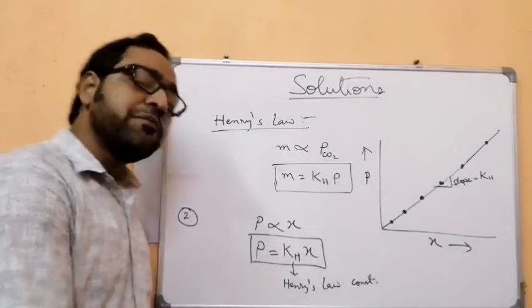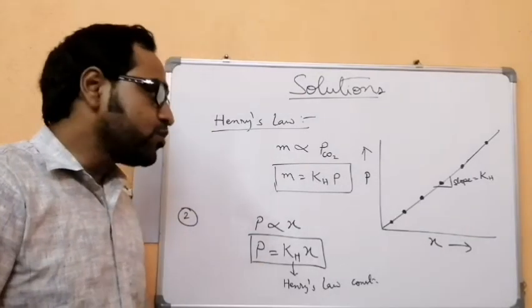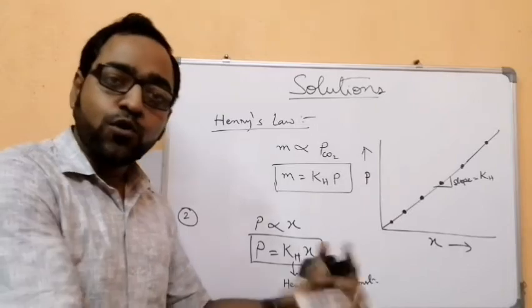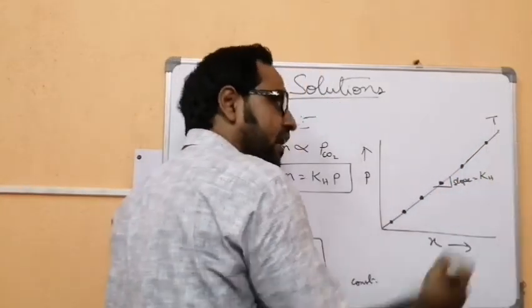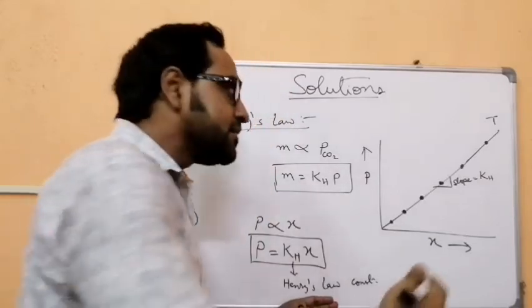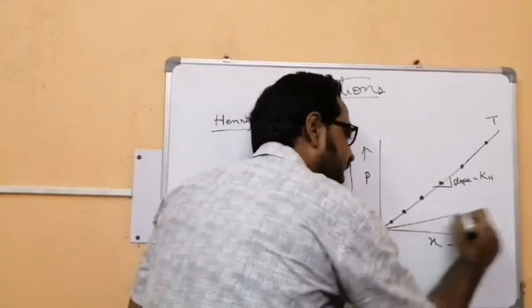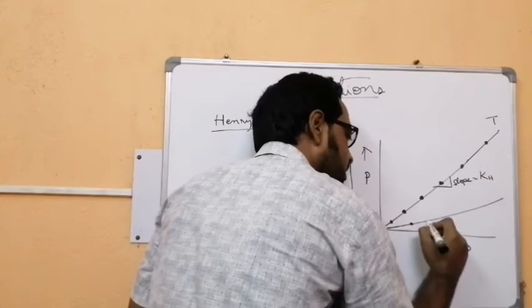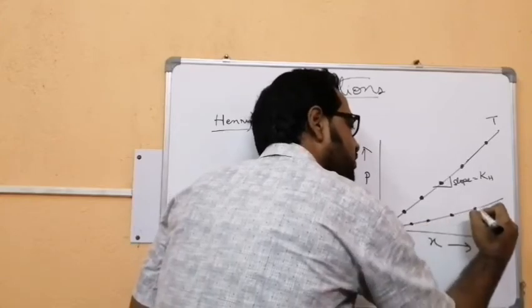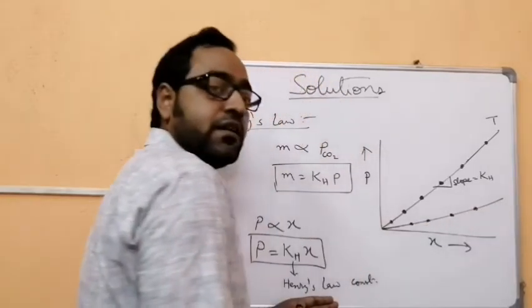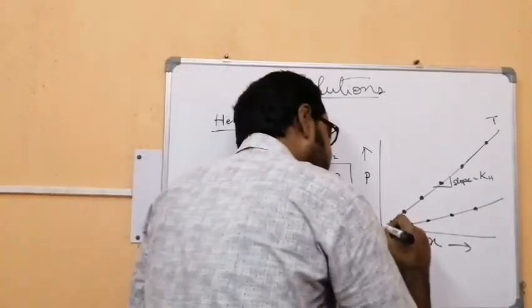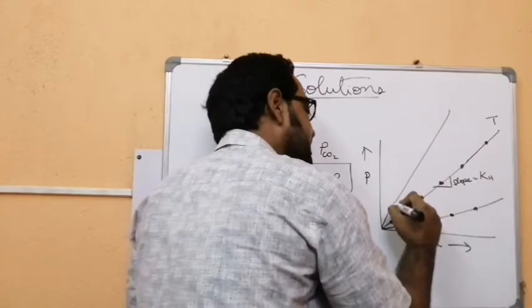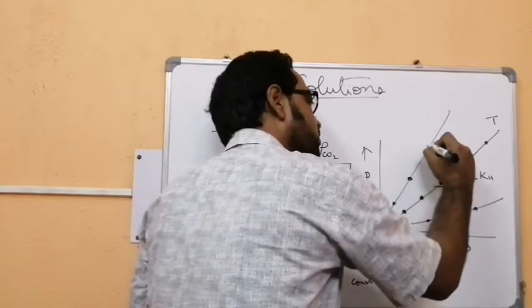Now it has been experimentally observed that if we do the same plot at some lower temperature, say this is T degree Celsius and we do the experiment at T minus 10 degree, then we get a curve with lower slope value. If we increase the temperature, say T plus 10 degree, then we get a curve with increased slope value.